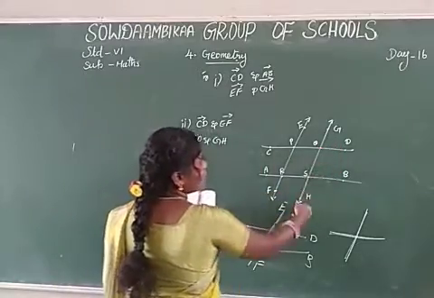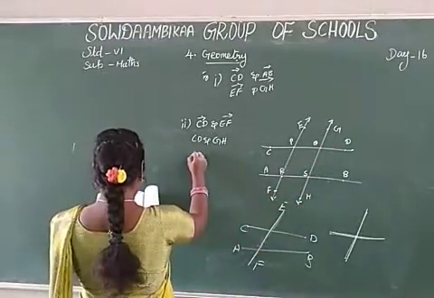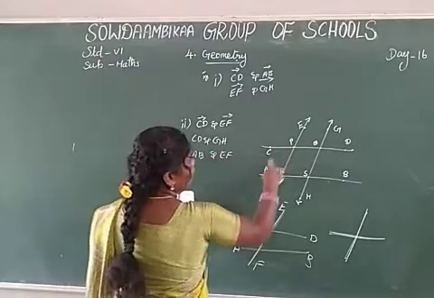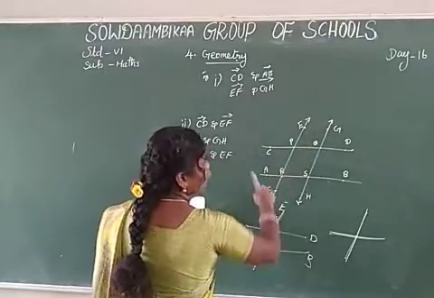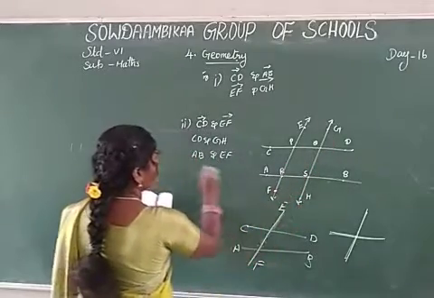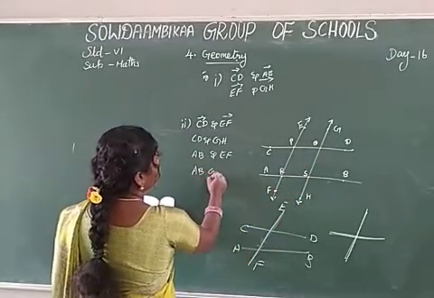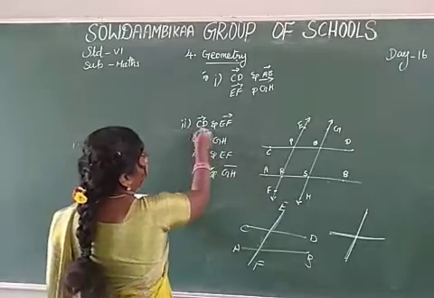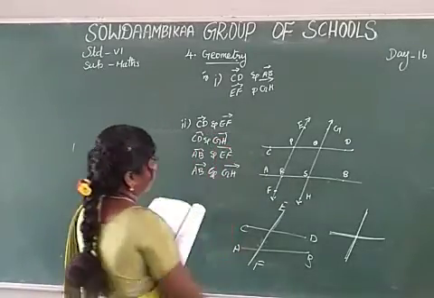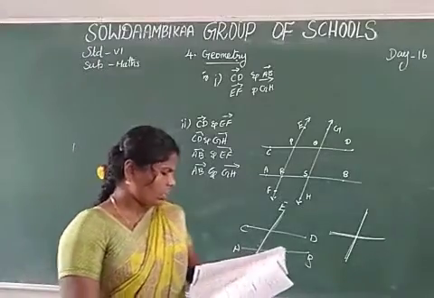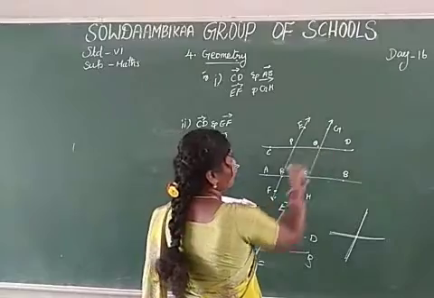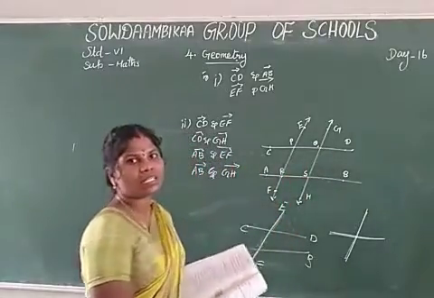Next come to AB: AB and EF, AB and GH. Next, the third point: name the points of intersection: P, Q, R, S. These are intersecting points.